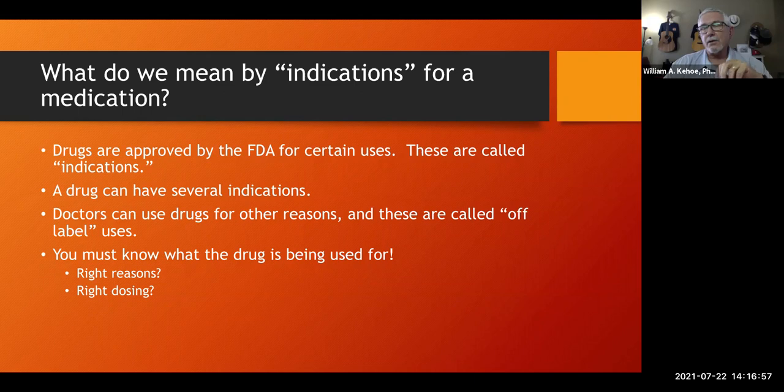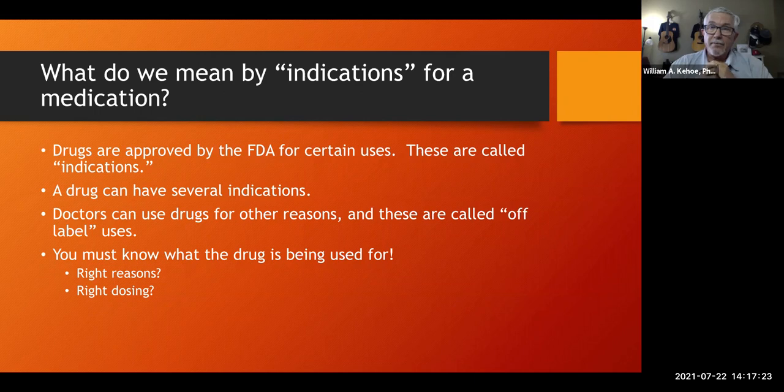Now, doctors or prescribers, I should say, any prescriber may use a medication in what we call an off-label fashion. That is, for something that the FDA has not approved the drug for. But there's a higher standard to that, and it generally requires that in that field, whether it's cardiology or whatever, clinicians are using this drug for that reason.